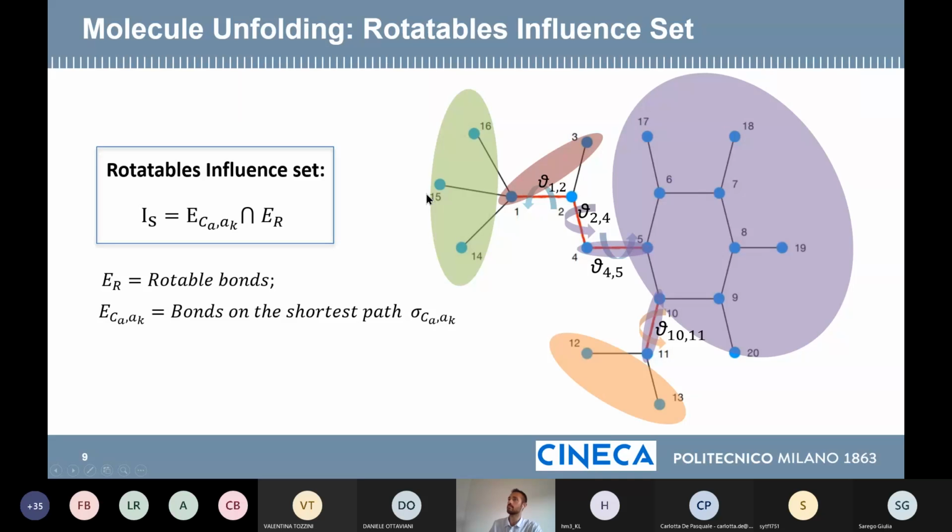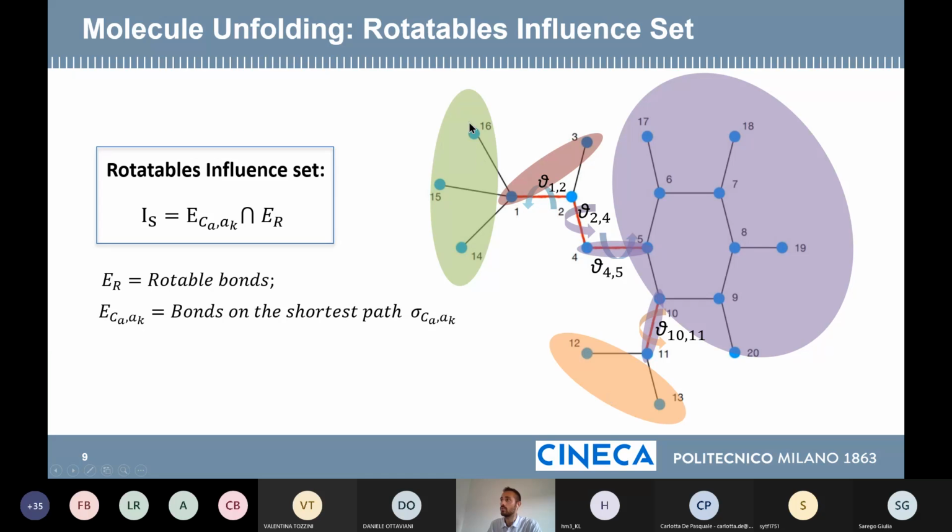Then there is the shortest path: when you calculate the distance between, for example, 16 and 12, you consider all the rotatable bonds included in the shortest path between 16 and 12.